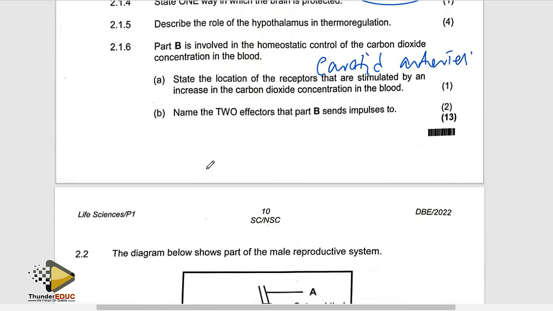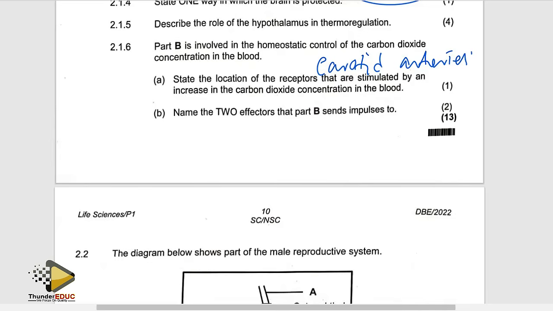Number two, the diaphragm and the intercostal muscles, so that the breathing rate and the depth can increase so that carbon dioxide is pumped out of the body. Carbon dioxide, we don't need it in the body. That's why it's supposed to be pumped out. We don't have the other way of the negative feedback mechanism for it.